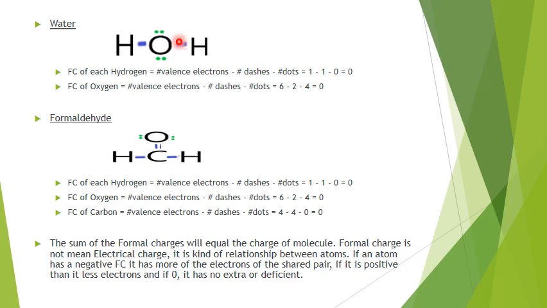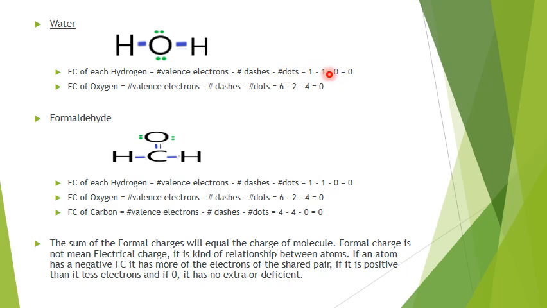Let's go over some formal charges of some molecules and just look at water. I want to find the formal charge of each hydrogen in water. Both of these are going to have the same formal charge, so I'm not going to do it twice. The number of valence electrons of hydrogen is 1, number of dashes is 1, and it has no dots on it.